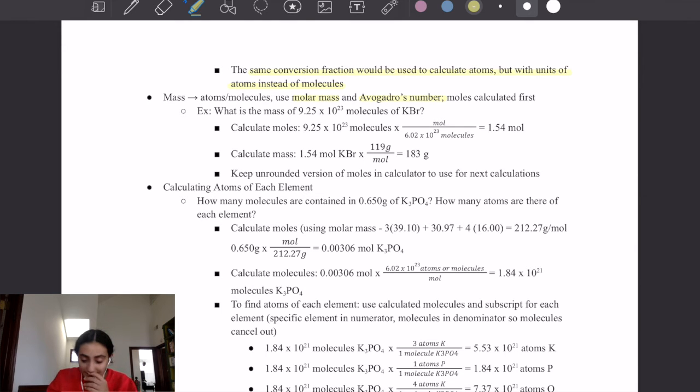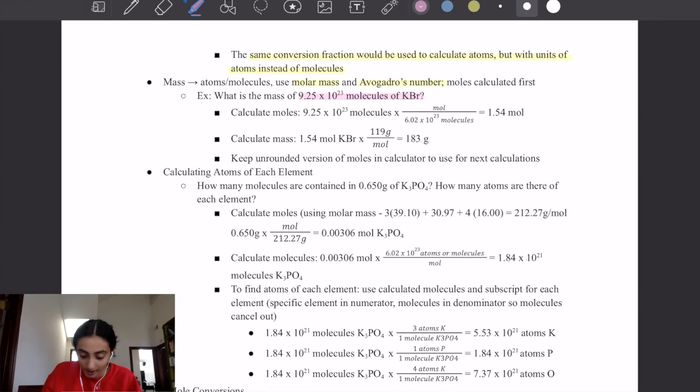So let's say we need to calculate the mass of 9.25 times 10 to the 23rd molecules of potassium bromide. So we first need to calculate moles. I'm going to do that by dividing by Avogadro's number, because we have molecules on the numerator here and the denominator here, and then we are given moles.